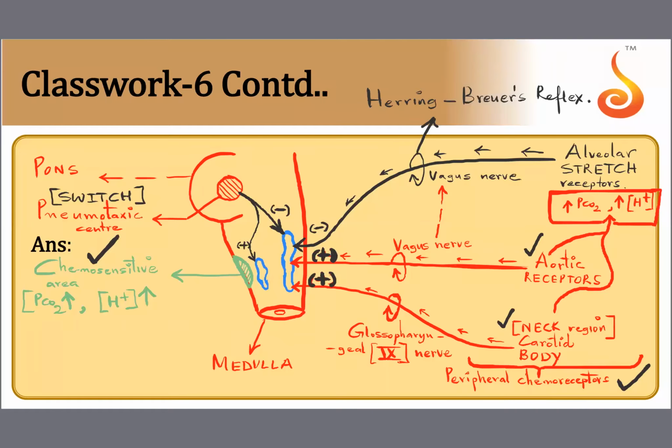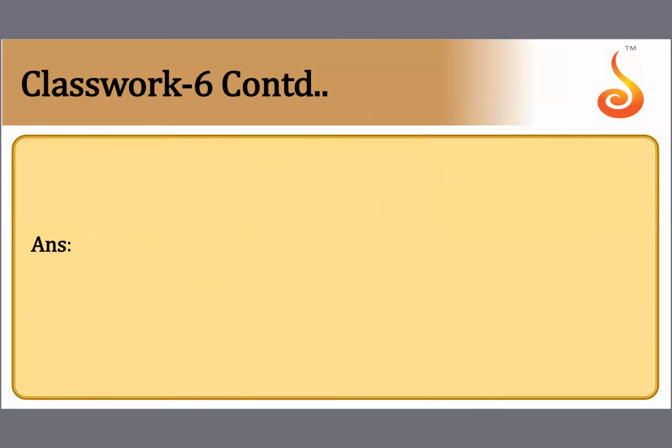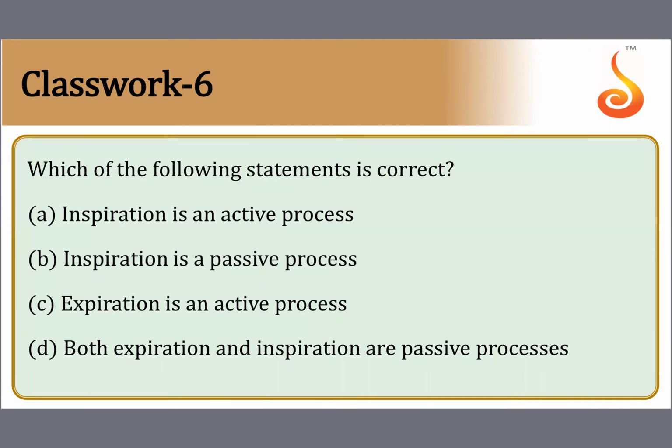So let us move on to the next question. I'm going to clear this slide now. Question 6 asks us about your inhalation and exhalation. Which of the following statements is correct? Inspiration is an active process, inspiration is passive and expiration is active, or both are passive processes.